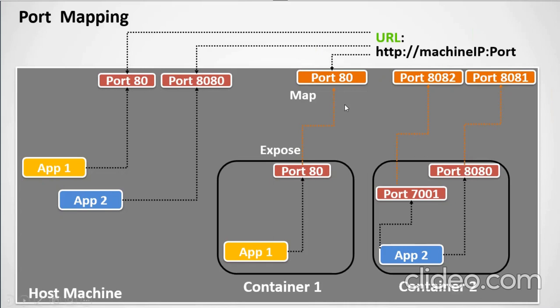And you need to do this while you're creating the container. Once a container is created, you cannot change the port or map it to a different port. As long as the container is running, if in the beginning you have exposed and mapped to a port number, the same will be mapped.